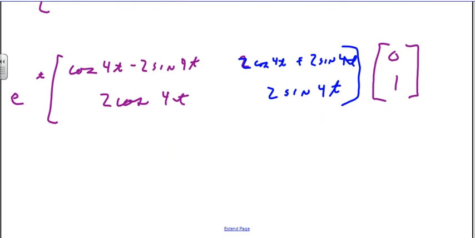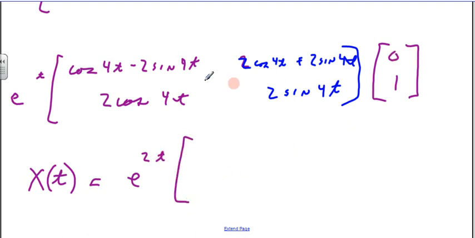Okay. So now that I have that, I can say x of t is equal to e to the 2t. That guy goes away, this guy goes away, all I have, and I got a 2, a 2, and a 2.